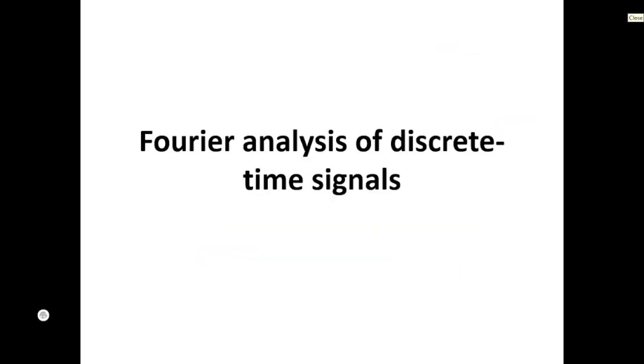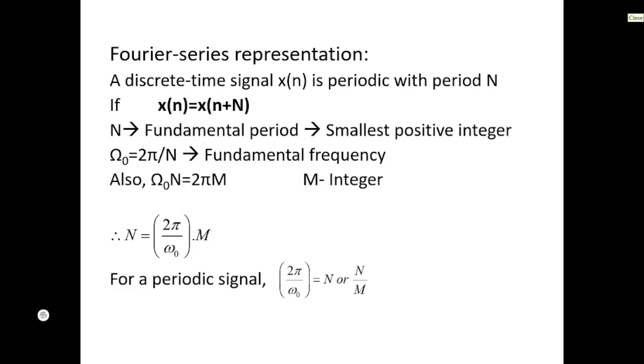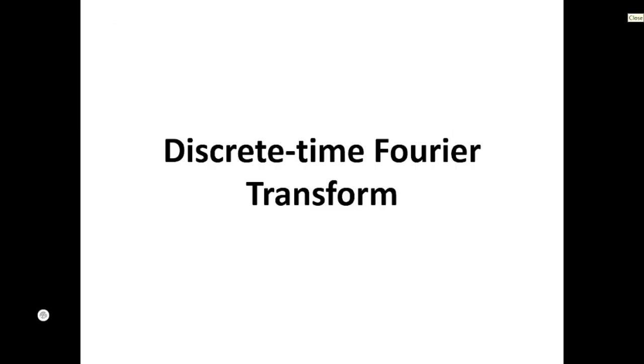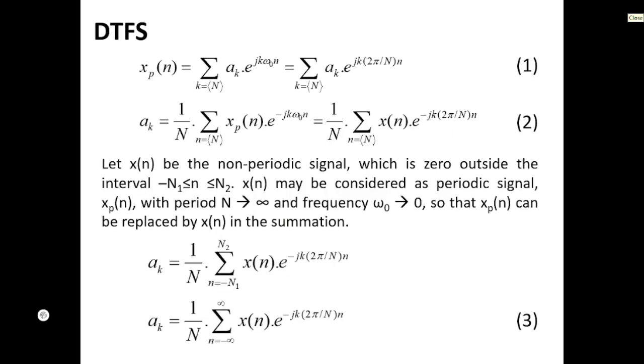Then Fourier analysis of discrete time signals. The same thing, it is basically the discrete Fourier series. Similar to our previous case, here we are saying that x[n] is made up of a series of sinusoidal components. Okay. Then the discrete time Fourier series.